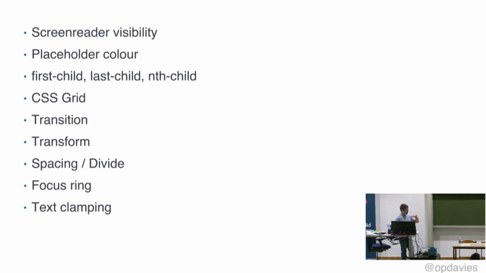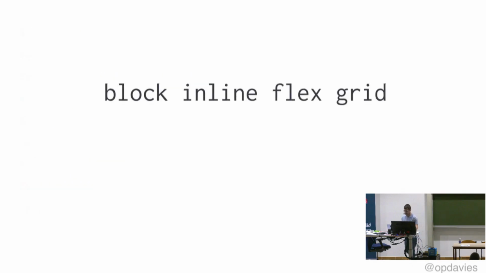Likewise, if you want to put borders between each thing, you can use divide, which just adds borders between each thing. Focus rings, text clamping. So there's a lot in there, and there's a lot more than that, especially since I did these slides last. But they seem to be adding new things all the time.